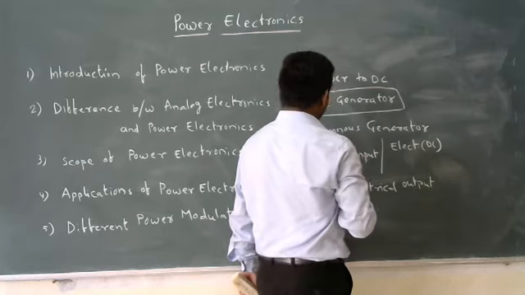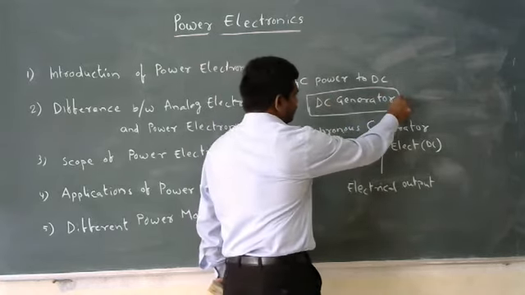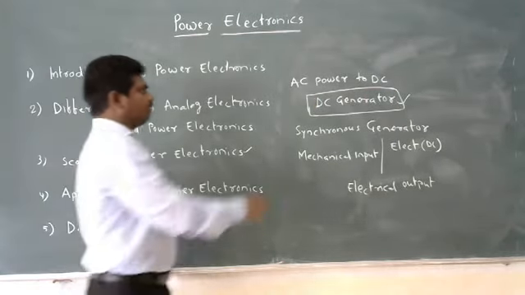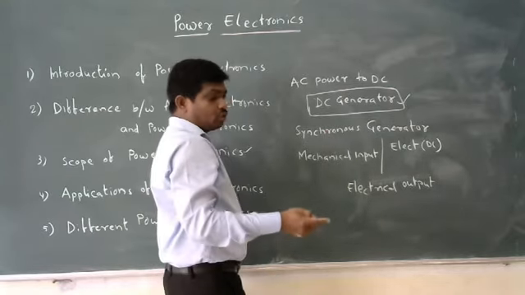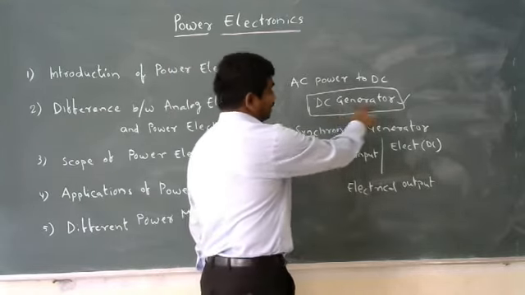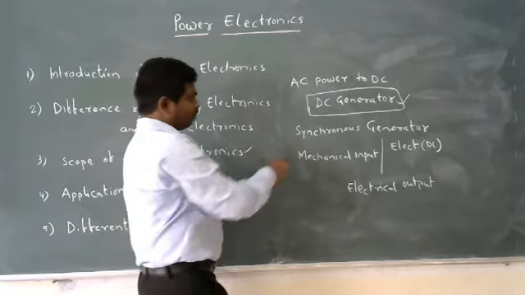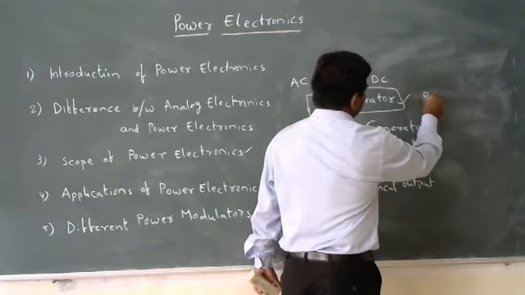After developing power electronics, we can convert AC power to DC very easily without using any rotating machine like a DC generator. That's why here we are going to replace this DC generator with a rectifier circuit.